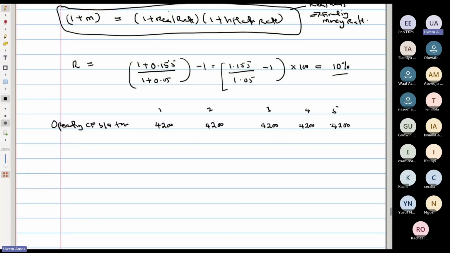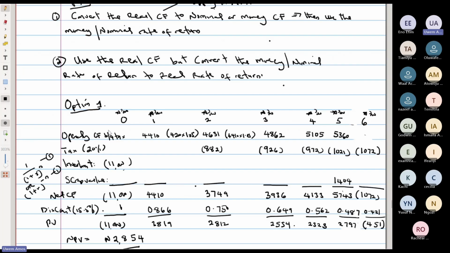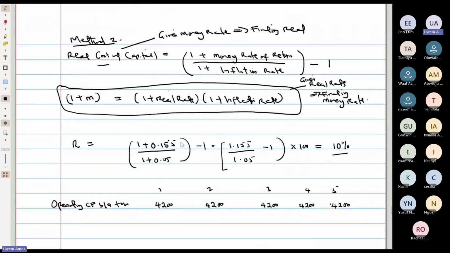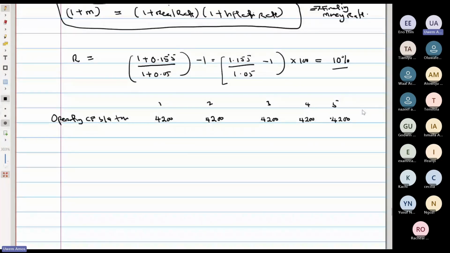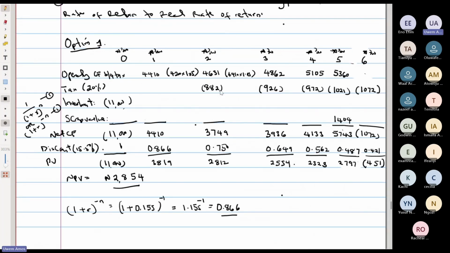I'll do the annuity factor method, but I'll leave you guys to resolve this question using this same approach. You arrive at the same answer. What do I mean by that? Just compute the tax, 20%, and put it in here for all of the years. So you now have year 6, so compute the tax, then bring in the investment, it doesn't change, 11,000, bring in the scrap value.